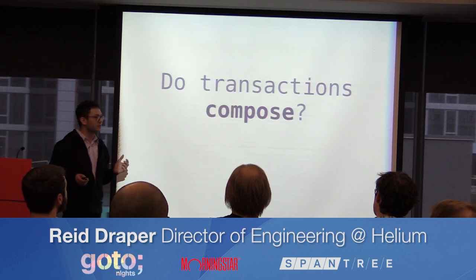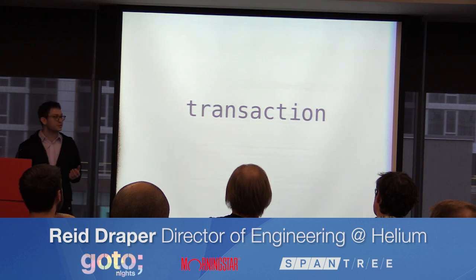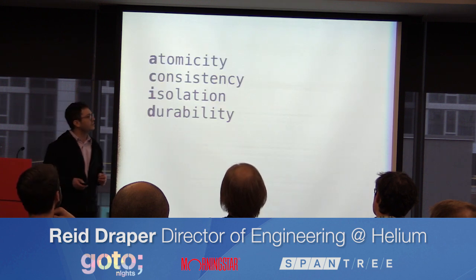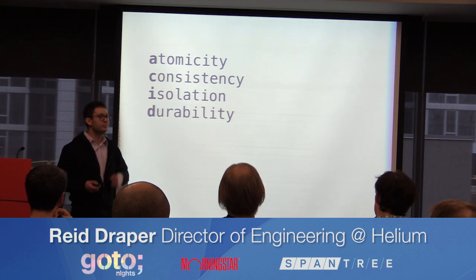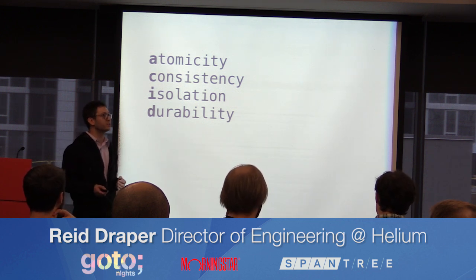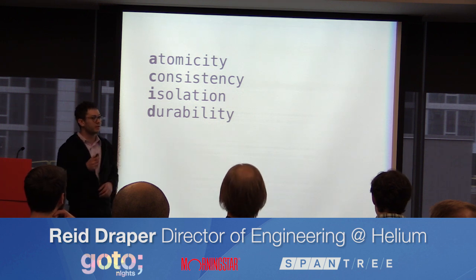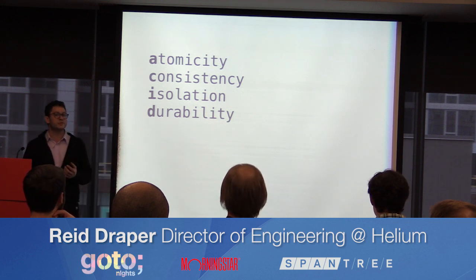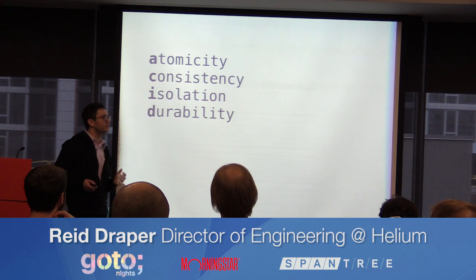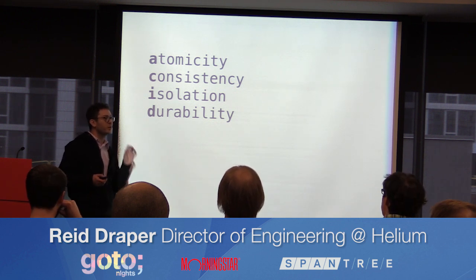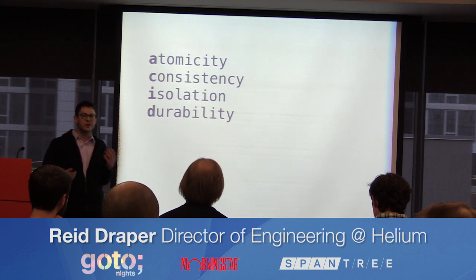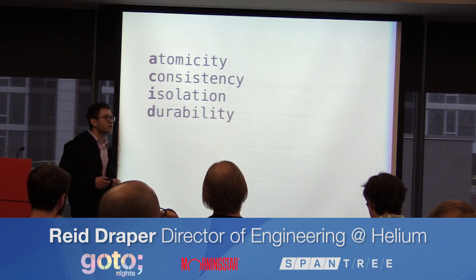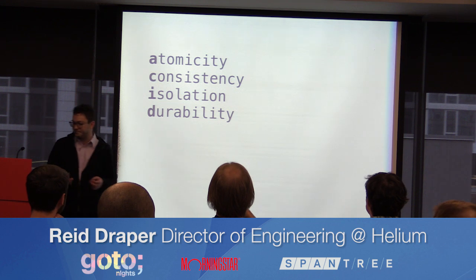Compose comes from composition. If we dig into transactions more, we see this word ACID come up, especially with relational databases. And in particular, when we're talking about transactions, we're really thinking about atomicity. The rest of these are nice properties for the entire system of a relational database, but for an individual transaction, from our point of view, not thinking about concurrency or anything like that, we're mostly interested in this word atomicity.